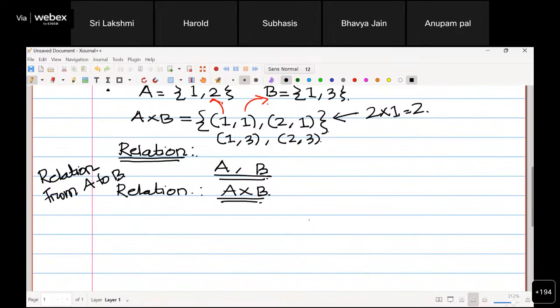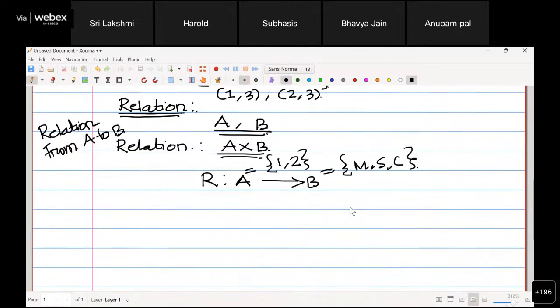For example, suppose I want to take a relation R from A to B, where A is {1, 2} and B is {math, stat, city}. As I said, a relation is a subset of A times B, so if I consider any subset of A times B, it is a relation.